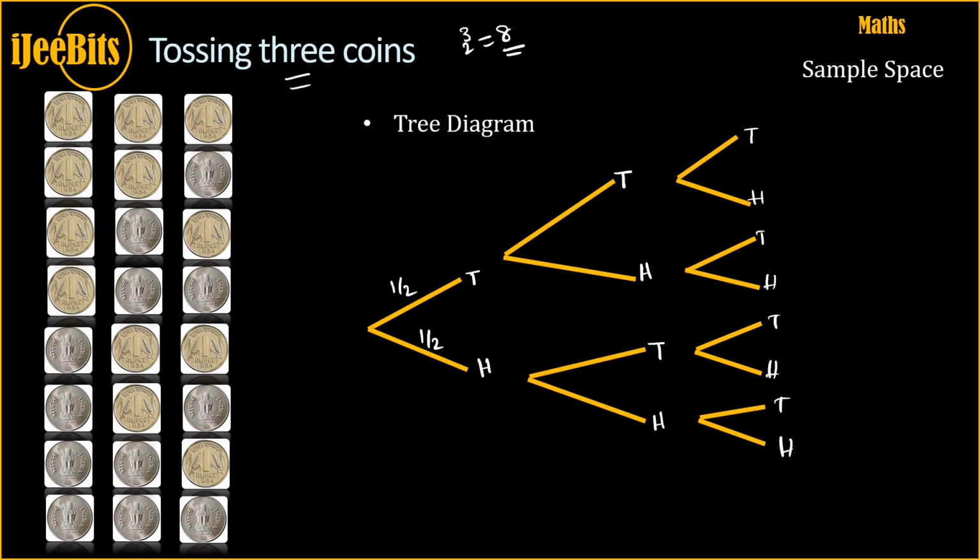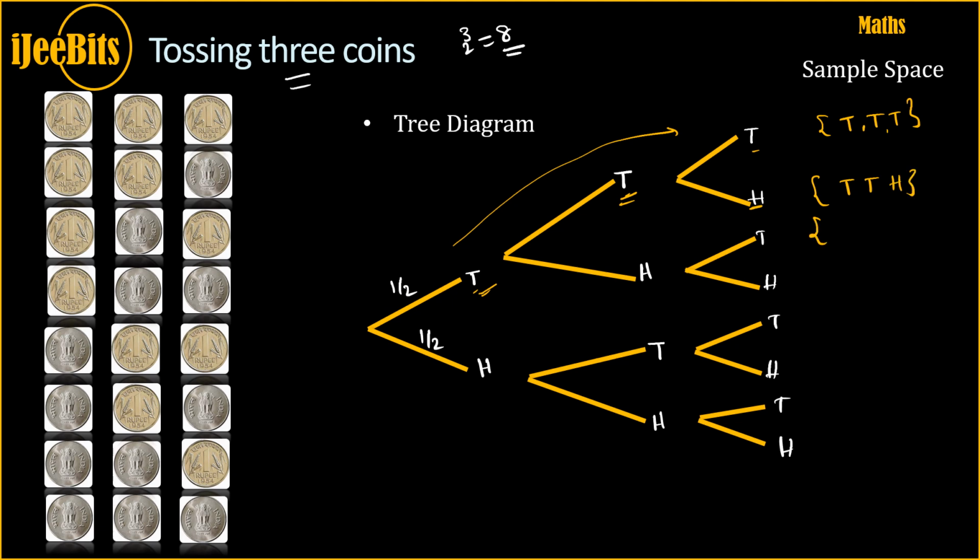Let me write it down since we said it loudly. If you look at this trace, what are my sample points? T, T, T are my sample points. If you look at this one, T, T and H. So T, T, H. What about in this case?